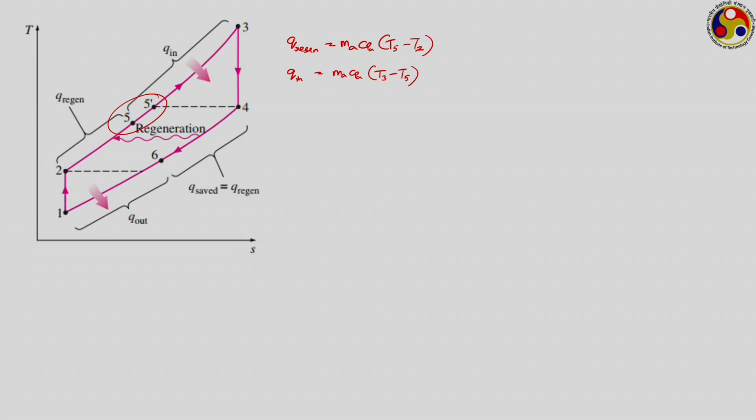Similarly, the gas temperature has dropped to T6, ideally it should have dropped to T2, but again because of practical issues we are restricted to T6. And this amount of energy, which is mass of gas into Cp for gas into T4 minus T6, is the amount of energy we are saving because of the regeneration, otherwise it would have been lost to the surroundings.